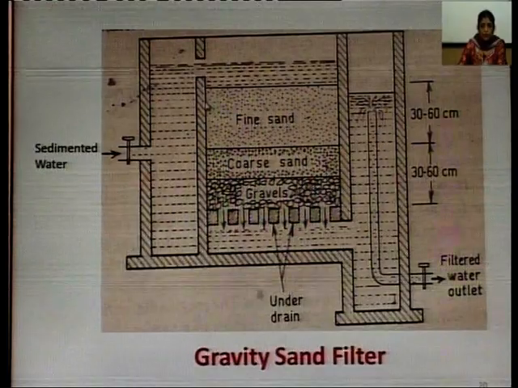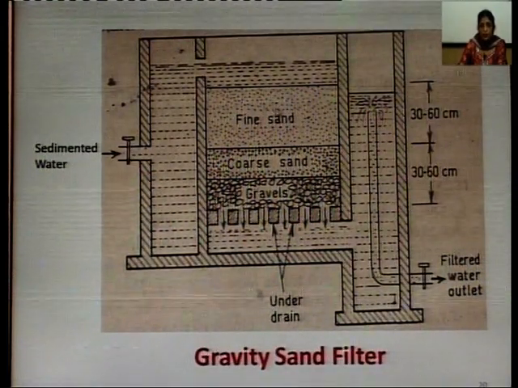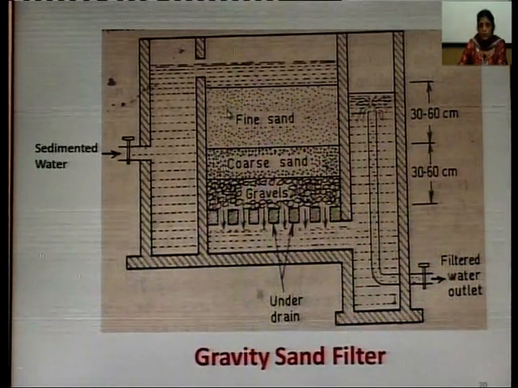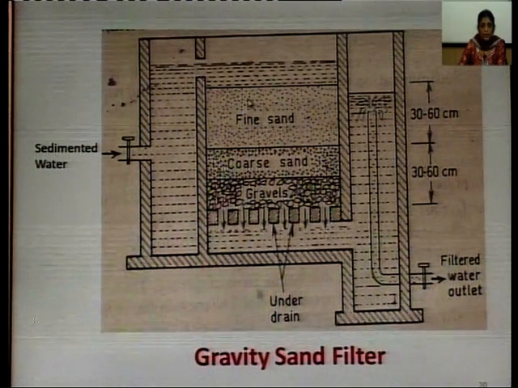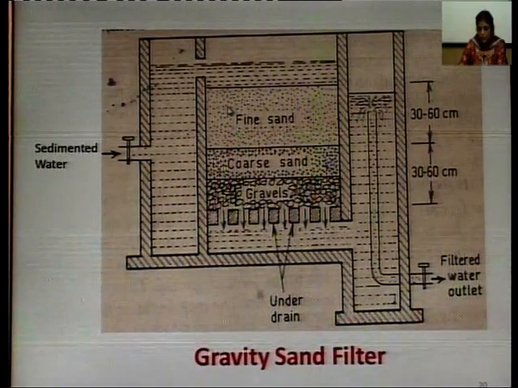So, after a certain time, when the rate of filtration becomes quite low, this layer is scraped off and replaced by another clean layer. The scraped layer is then washed and dried and can be used again and again.